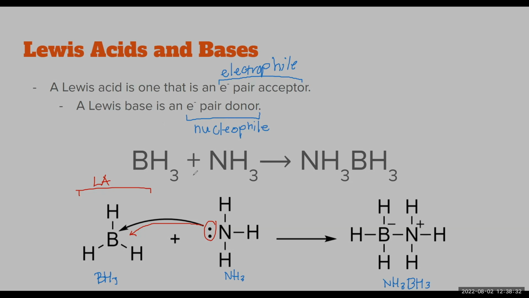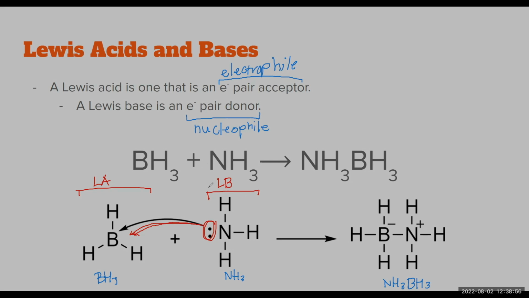Whereas the Lewis base, in this case, is going to be NH3. So NH3 is going to be donating that electron pair, this one right here. Once again, it donated it to BH3, and therefore it functions as the Lewis base.